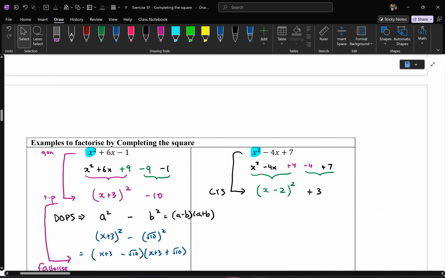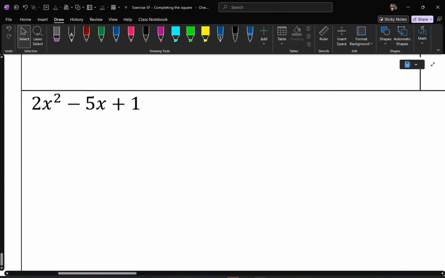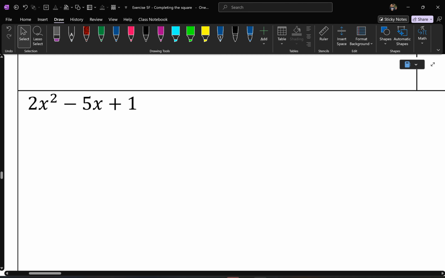So it presents a problem then, when you get problems like this one. That one is not the same as every other one that you did. So this one here, 2x squared minus 5x, and you've got a plus 1.